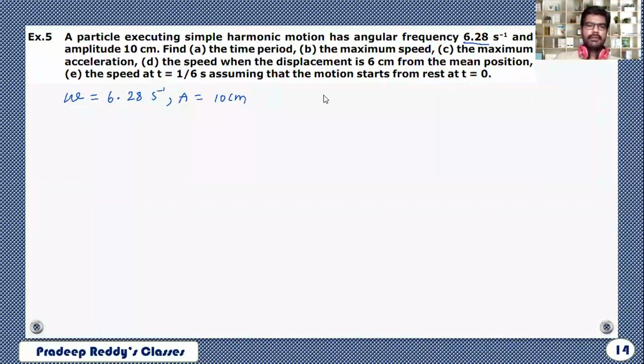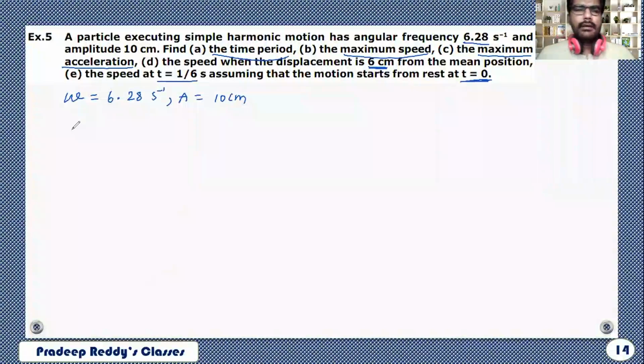You are supposed to calculate time period, maximum speed, maximum acceleration, the speed when displacement is 6 centimeter from the mean position, and the speed when t is equal to 1 by 6, assuming that motion starts at rest at t is equal to 0.